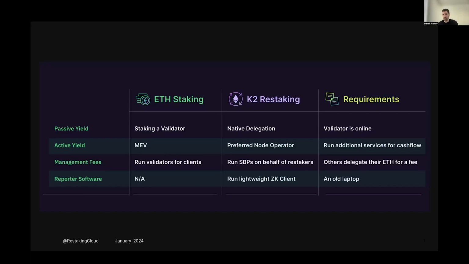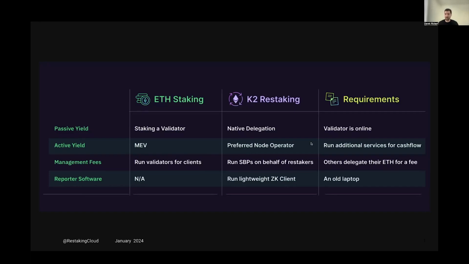Now, if we take this a step further, some people are not going to want to have to worry about even staking the validator or natively delegating. Some people aren't going to want to have to worry about this active yield in particular, and they just want somebody else to do these operations for them.